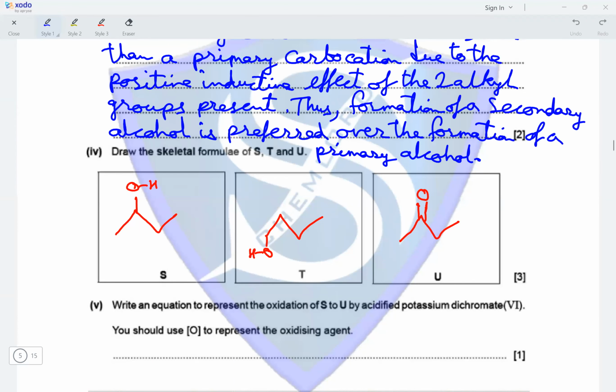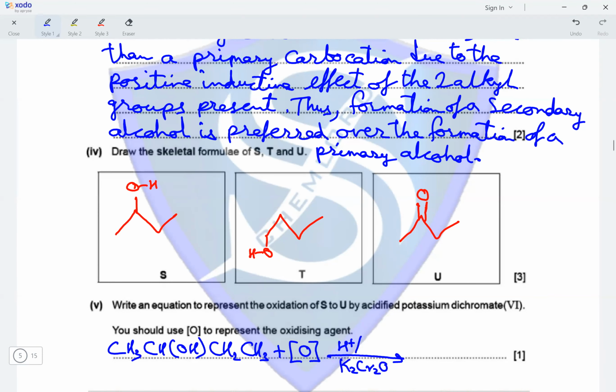Write an equation to represent the oxidation of S to U by acidified potassium dichromate. You should use square brackets O to represent the oxidizing agent. So the reactant would be CH3CHOHCH2CH3, upon oxidation with acidified K2Cr2O7.